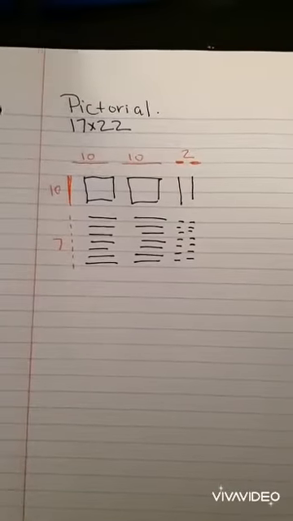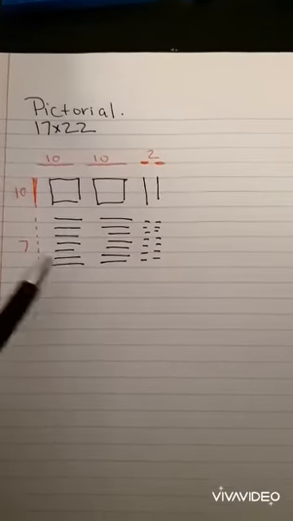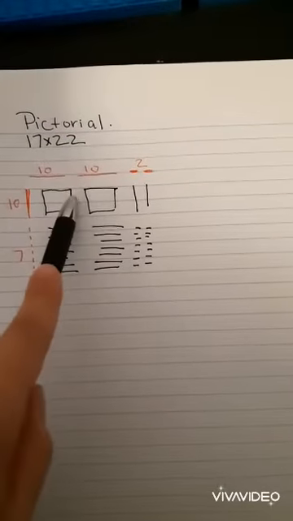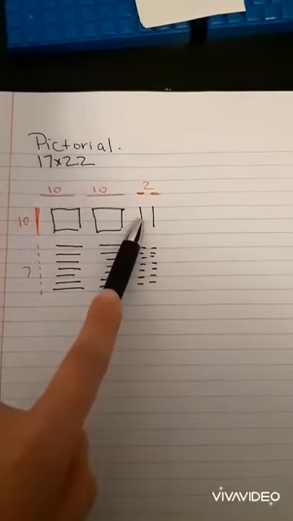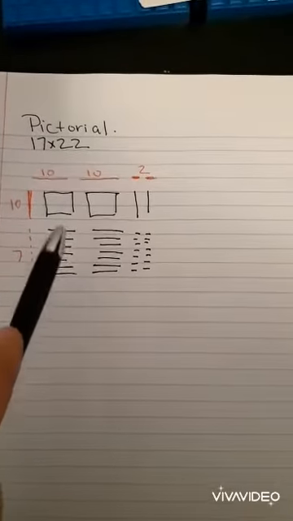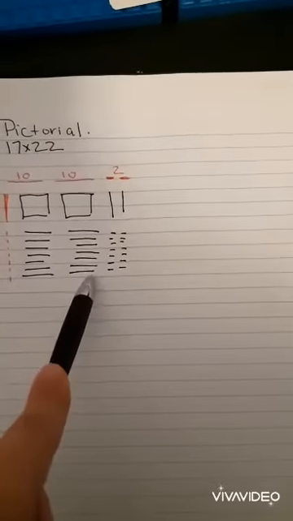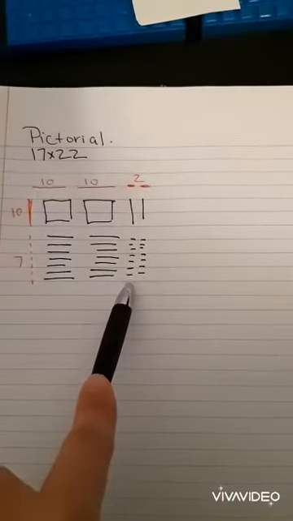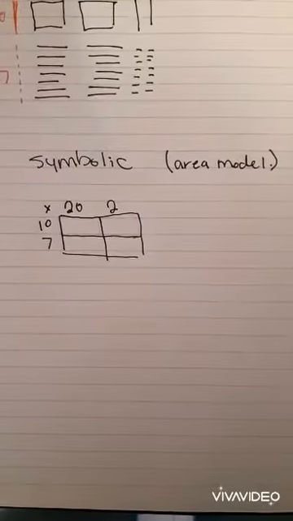For the finished product, I have drawn 2 100s, and we have 2 10s over here, and we have a row of 7 10s, another 7 10s, and 14 1s. And that is my pictorial for 17 times 22.